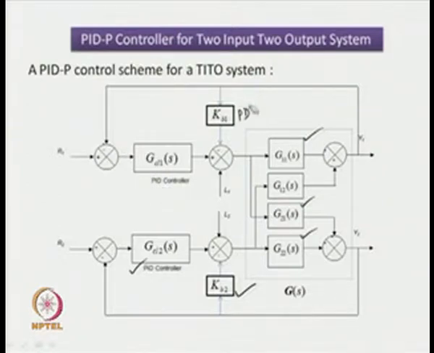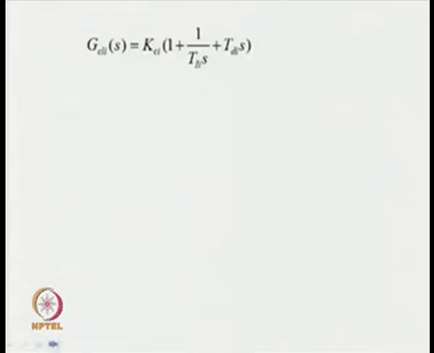For ease of analysis, one can represent this PID-P controller scheme in some convenient form. First, we shall assume a specified form of the PID controllers. Let the PID controller be represented in the transfer function form as given over here.